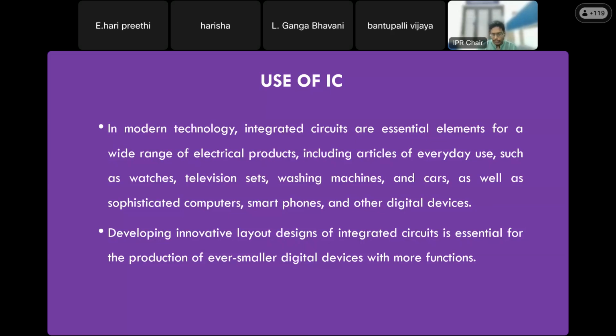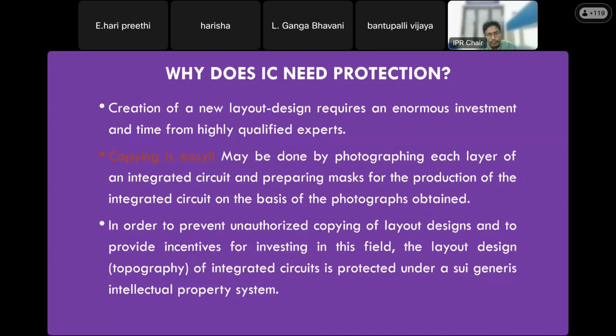Why we need to protect, we will discuss in the next slide. Why does an IC need protection? Creation of a new layout design requires an enormous investment of money and time from highly qualified experts. So if somebody has come up with an IC, it takes time for them to design it. If there is no protection, others will also copy the design of the IC. That is called the mask.